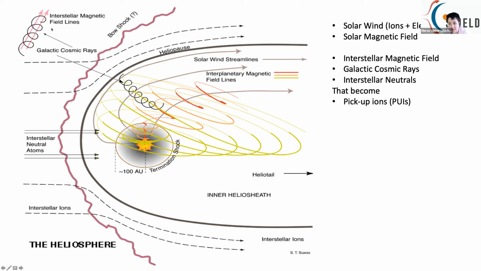Because we are not exactly sure of its magnitude and direction, we are not sure if this plasma needs to go through a shock as it comes into contact with the heliopause. So this is why in this diagram, we show a bow shock with a question mark, because we are not certain.